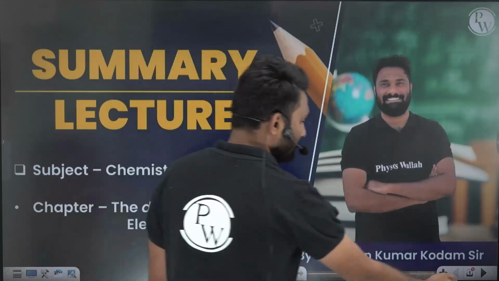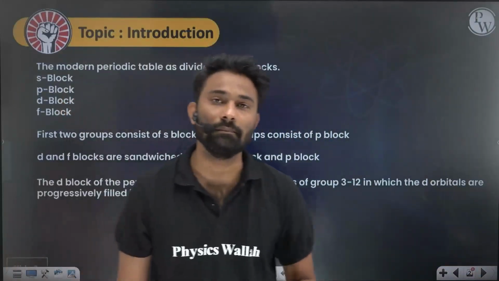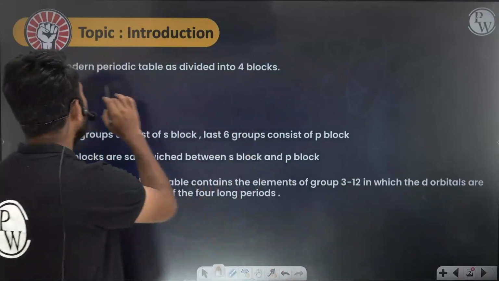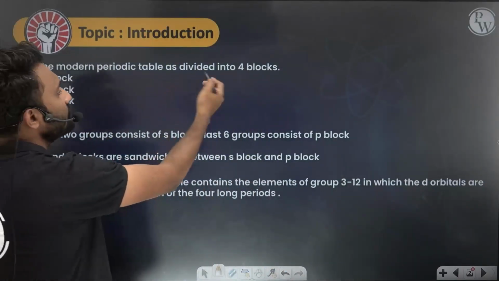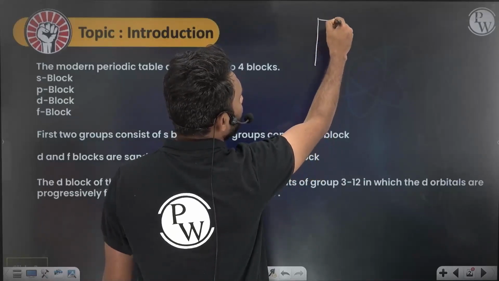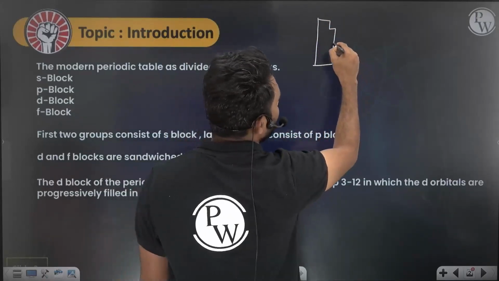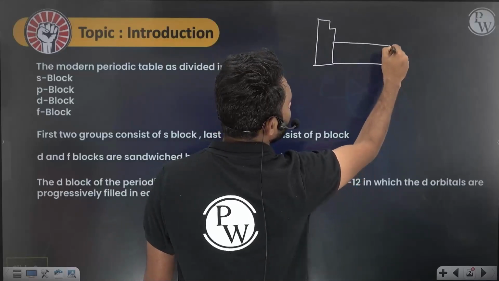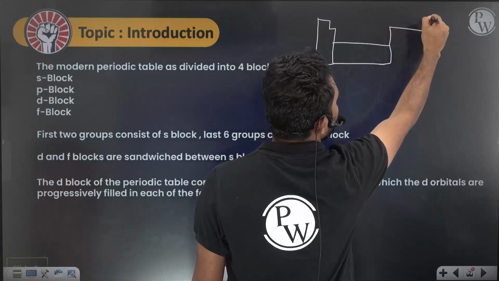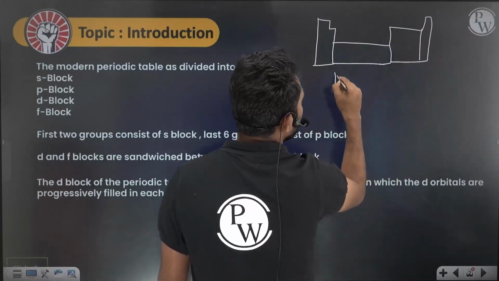Now let's start. Before starting, the introduction of the chapter, the D and F block. The modern periodic table has been divided into 4 blocks. Here this is the S block, here it will be the D block, here the P block, and here the F block.